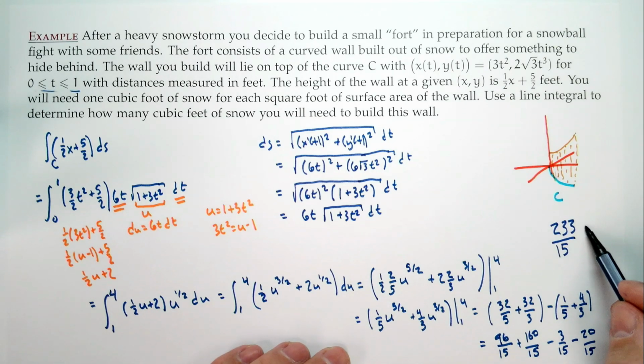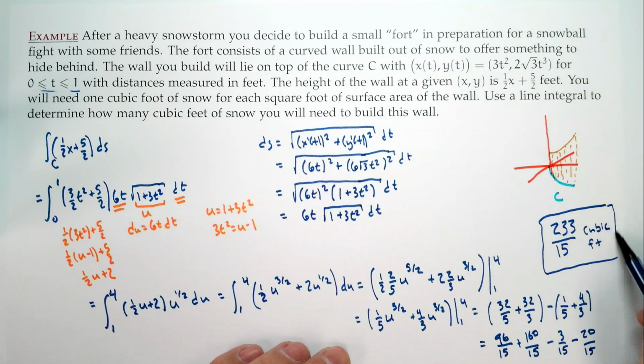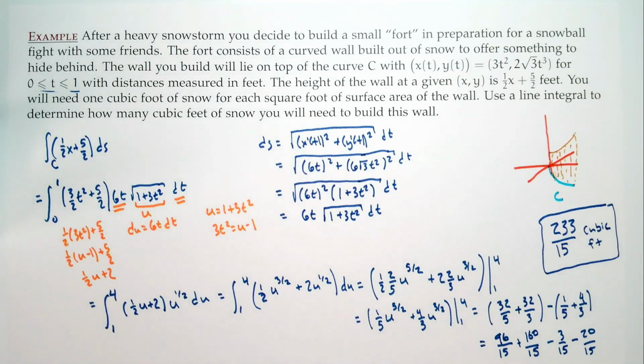So this is our cubic feet. Now, is it reasonable? Well, it's not so bad. If you think of 15 squared, 15 times 15, that's 225. So this is roughly close to 15.5 cubic feet of snow.